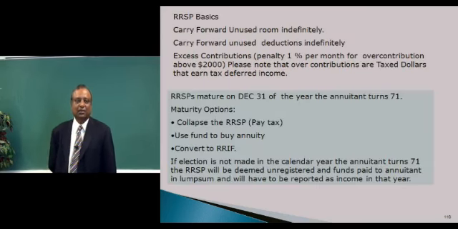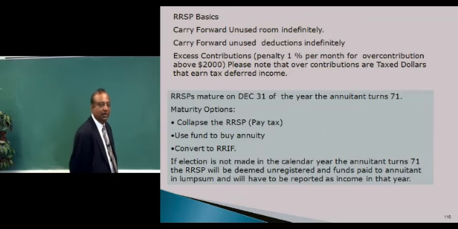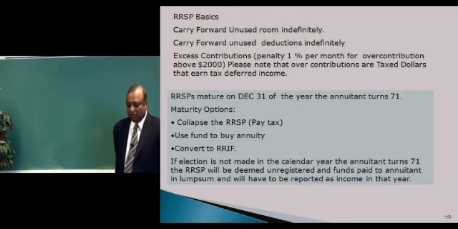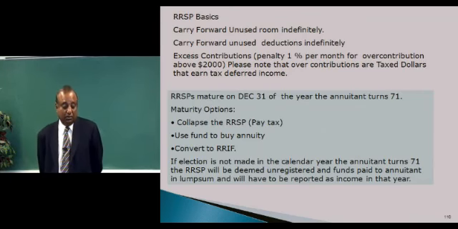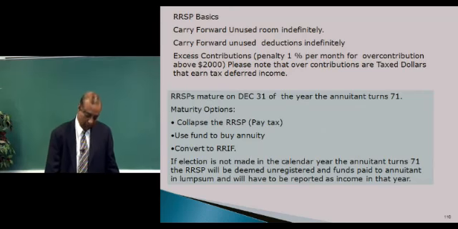You can carry your unused room forward indefinitely. You can also carry forward your deduction. At any time they check your RRSP account, you cannot have an over contribution of over $2,000. Up to $2,000 is permitted.